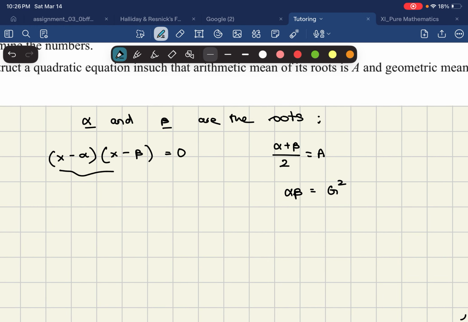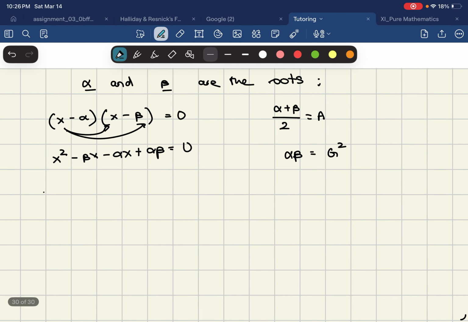So let me expand this quadratic equation. So I get x squared minus beta x minus alpha x plus alpha beta is equal to 0. Therefore, x squared minus alpha plus beta times x, so I just factored out a negative x from my middle term. And when I do that, I get plus alpha times beta.